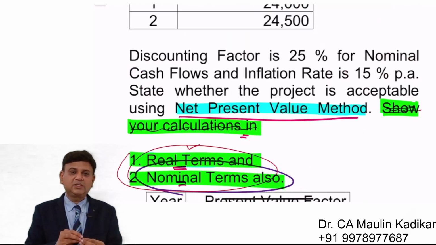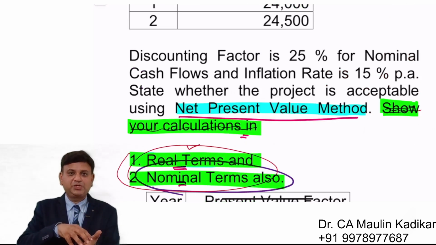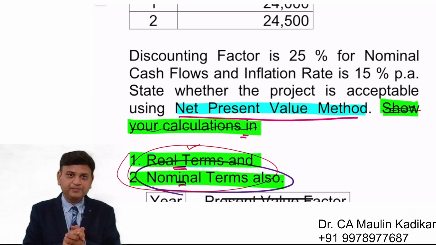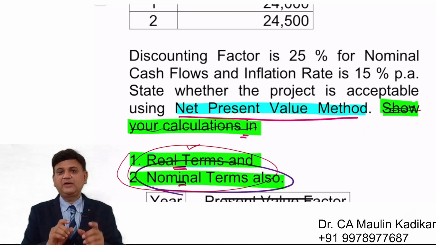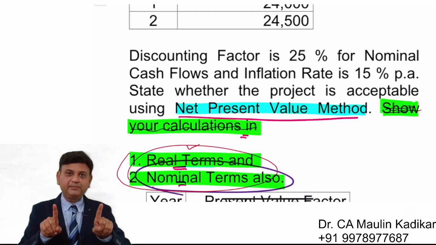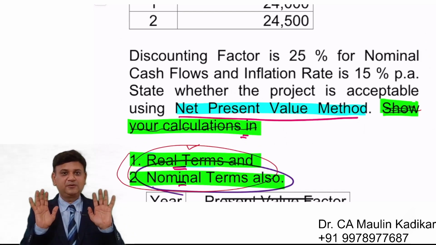Dear students, if the question is silent in this kind of situation about which method NPV is supposed to be calculated by, then as a student you have a choice to answer by either of the methods, because either method is going to lead to the same answer.